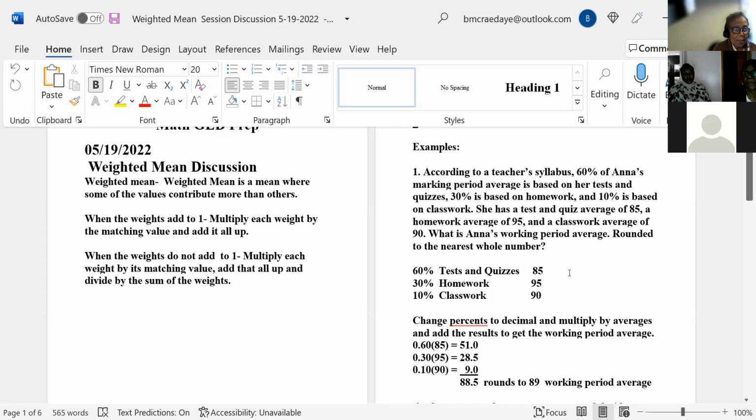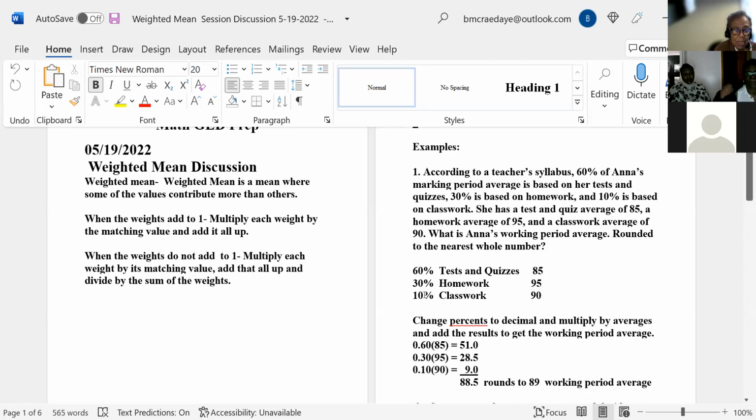So I'm not saying that each one is on the same level. Some of these values add more to the grades than others. The tests and the quizzes add more to the grades than the homework. That's what these percents represent.